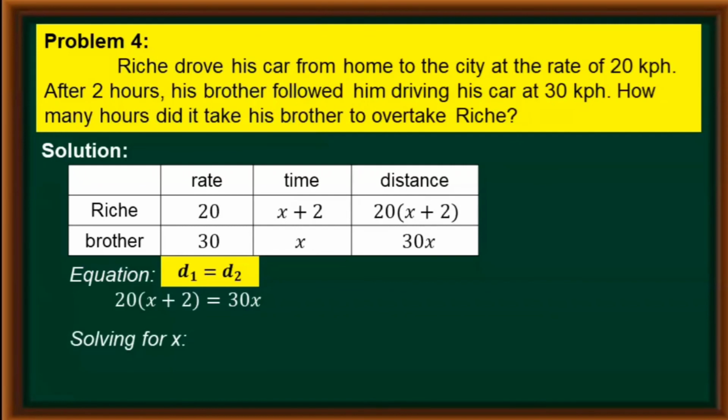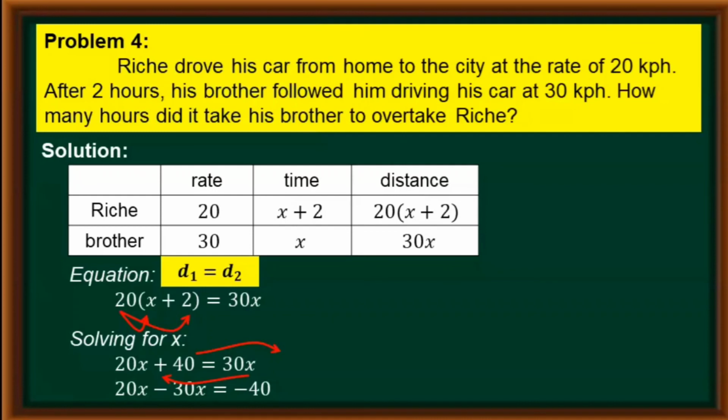Now, we solve for the value of x in this equation. First, we distribute 20 to the quantity x plus 2. So that becomes 20x plus 40 equals 30x. Transposing positive 40 to the right side and 30x to the left side, our new equation would be 20x minus 30x equals negative 40.